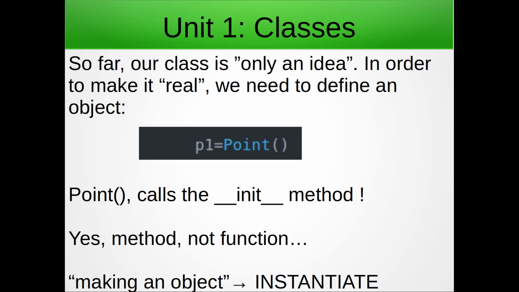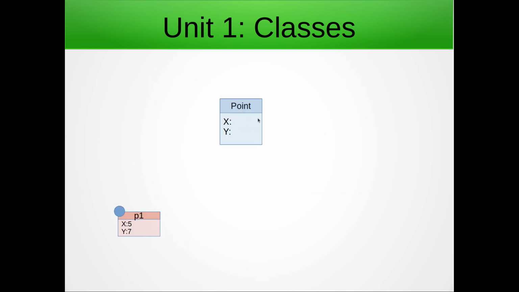I saw before a point class, and I could call my point class with base. Okay, and let's suppose that I had given my point class attributes x and y, and I could have instantiated them with, for example, 5 and 7. I could have the same idea.